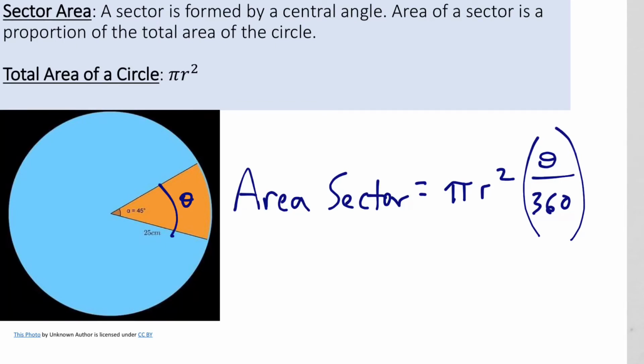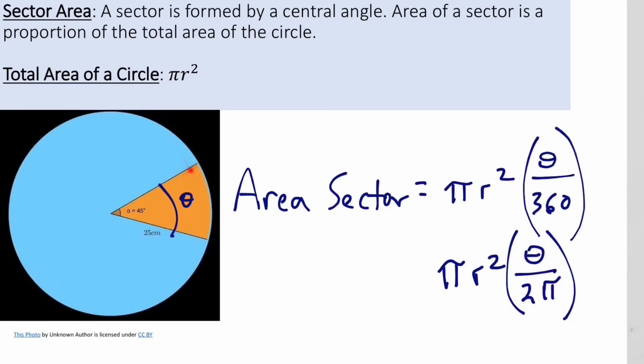So in this formula right here, theta is in degrees. If you were given your theta here in radians, then your proportion would look like this, where in this case 2 pi is your total revolution around the circle, and theta would have to be given in radians.